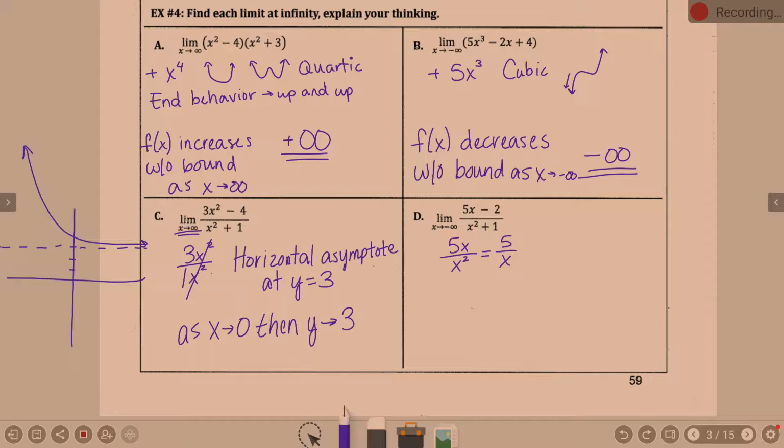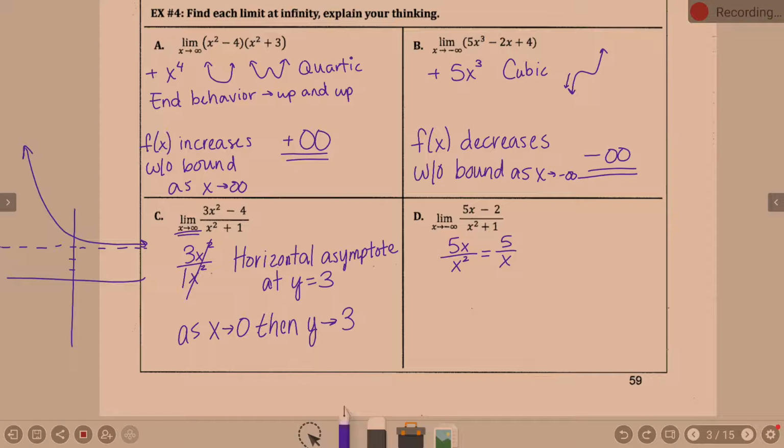For instance, let's go with numbers you know. 1/2, 1/3, 1/4, 1/5, 1/6, 1/7. I'm getting smaller and smaller fraction values, which are taking me closer and closer to 0.